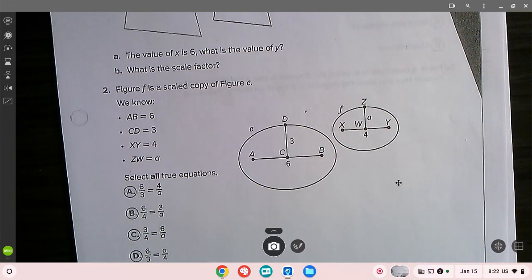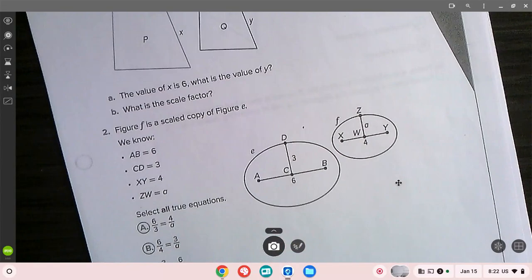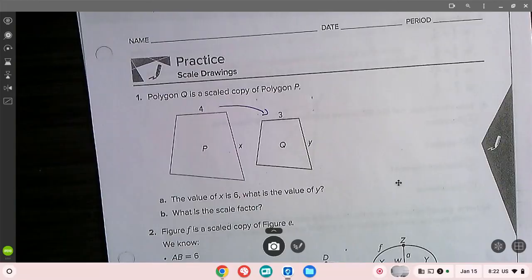So polygon Q is a scale copy of polygon P. What is the value of Y, given that the value of X is 6? So how did they go from 4 to 3? What did they multiply by? You guys can't see that, sorry. What do you have to multiply by to go from 4 to 3?